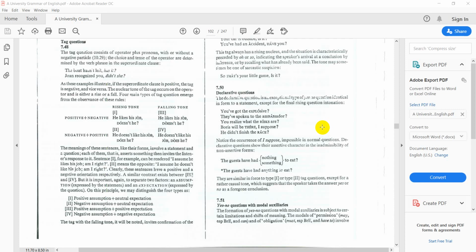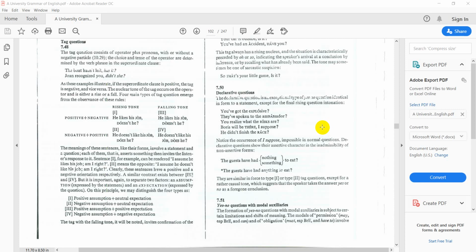You realize, affirmative. You've spoken, affirmative. You've got, affirmative. So you have negative and affirmative declarative sentences. The same sentence, you can make it a question by adding a question mark at the end of the sentence and by rising your intonation.